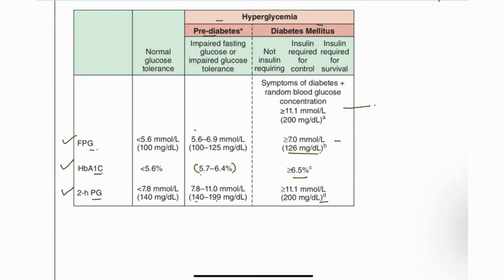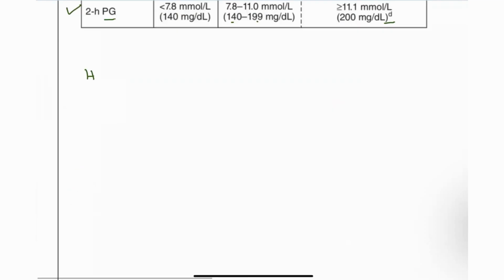Next, what is this HbA1c? We will see important points about it. HbA1c gives us accurate values. This is because HbA1c is glycosylated hemoglobin. Every hemoglobin has a half-life of 3 to 4 months, right?